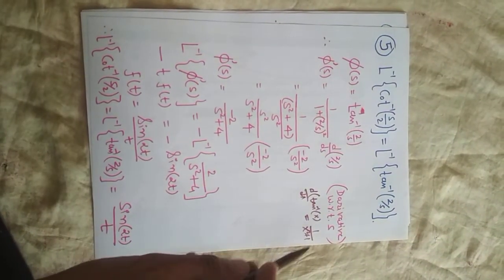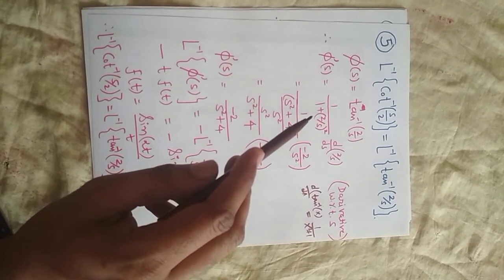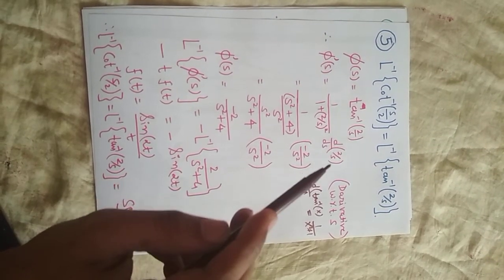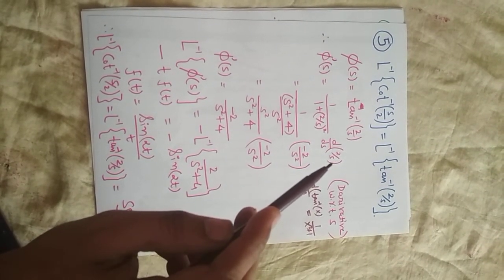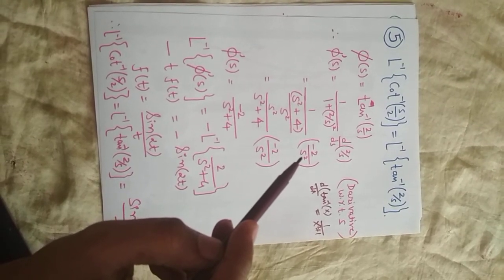So I am applying this formula here. So 1 upon 1 plus (2 by s) square, and now the derivative of this part 2 by s. What is the derivative of 2 by s? The derivative of 2 by s is minus 2 upon s square.